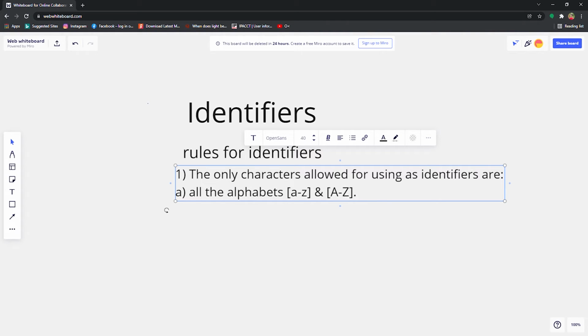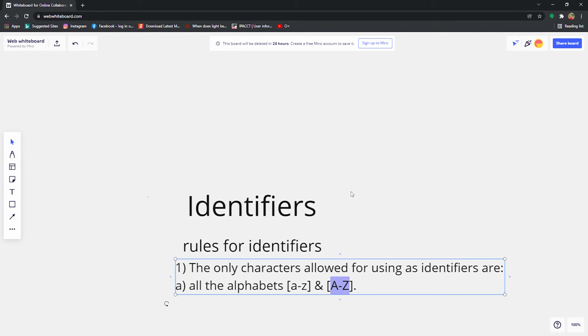It is very sensitive about this small letter and this capital letter. Java treats these two as different characters. The reason behind this is the ASCII values. Now, what are ASCII values? I will make separate videos on this. For now, just remember that Java treats the small letters and the capital letters as different.